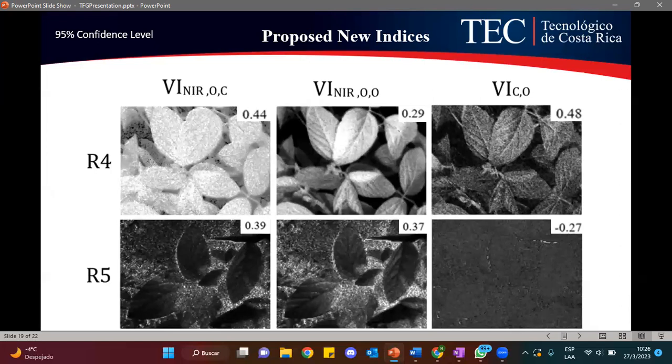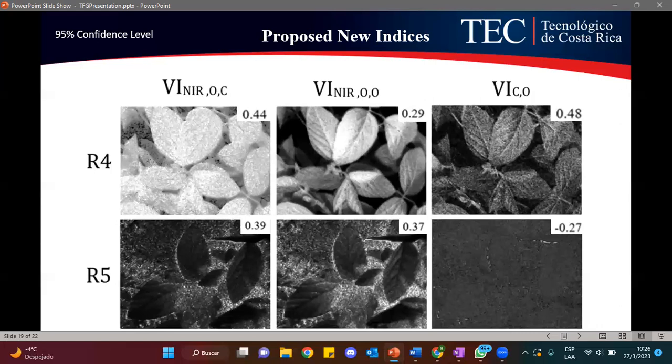This has a negative correlation because for R5, the LAI index is increasing, but as you remember, the vegetation index on the right is a simple ratio between cyan and orange, and these values decreased for this stage. So there is a decrease on the simple ratio, but an increase on the LAI index.